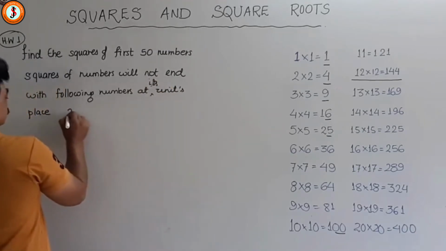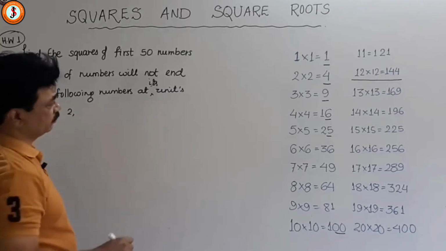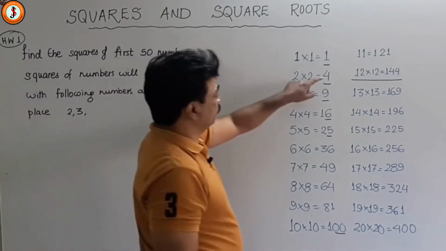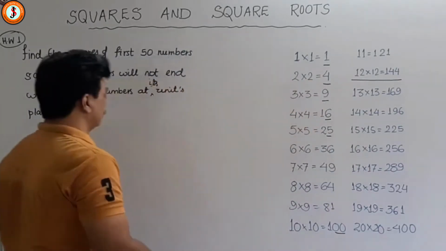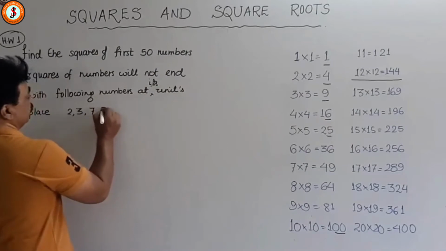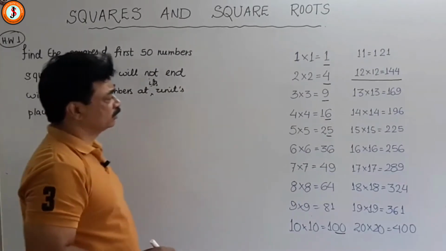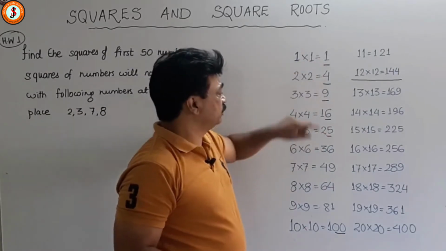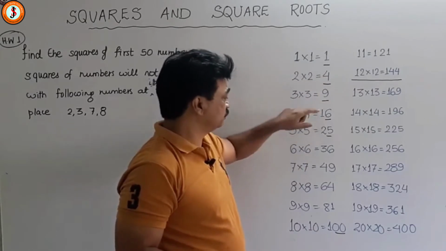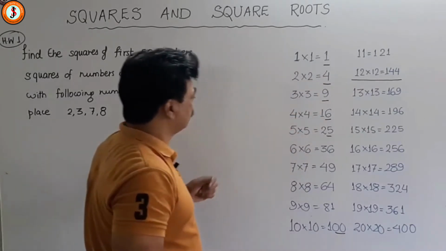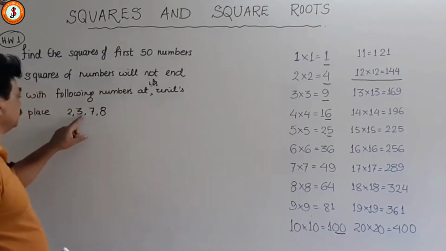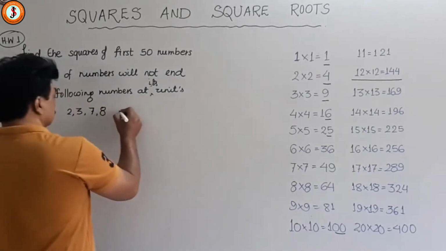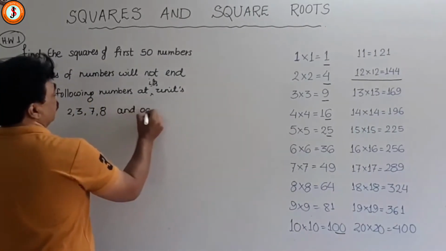What are the numbers? 2, it will not be there. 3 will not be there. 7 will not be there. 8 will not be there. So these 4 numbers will not be there. Then what will be there? 1 will be there, 4 will be there, 5 will be there, 6 will be there. So 2, 3, 7, 8 will not be there. And odd number of zeros.